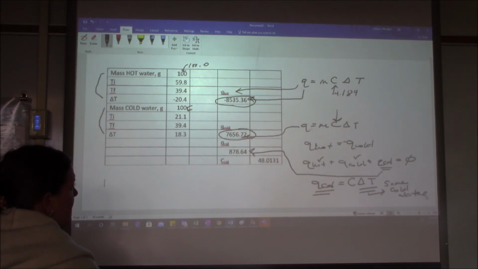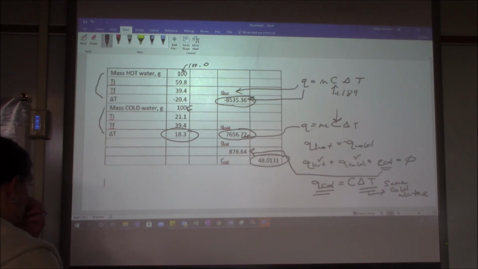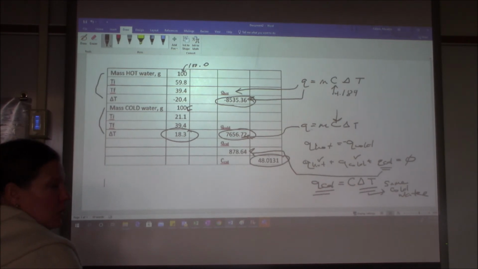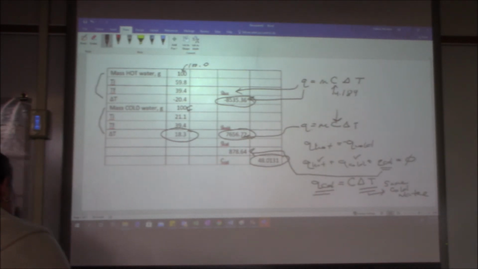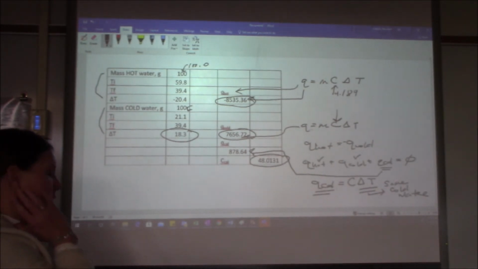So my delta T here, if I'm looking at the cold water that I'm using, is 18.3. When I plug in and solve, I find that the heat capacity for the calorimeter is about 48 joules of energy per degree Celsius. I think the accepted value is probably about 22.